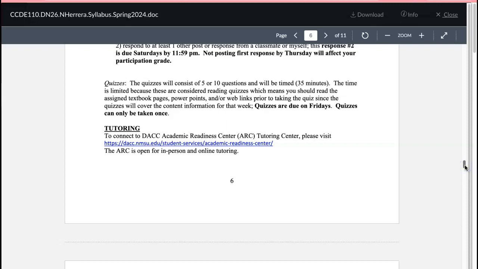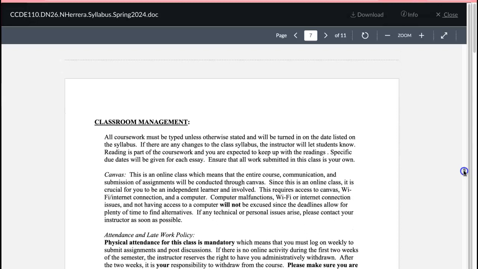For in-person tutoring, all you have to do is show up to one of the tutoring centers and they'll help you there. Of course, for locations, go ahead and look at the website, but we do have tutoring centers at Sunland Park campus, Gaston campus, East Mesa campus, and Espina campus. So they are available everywhere.